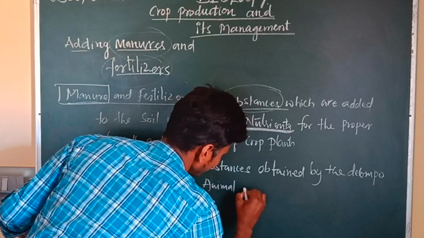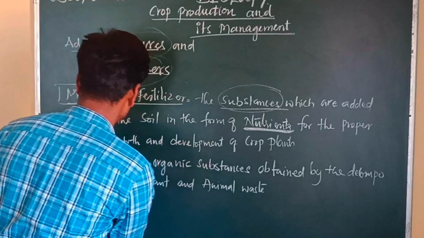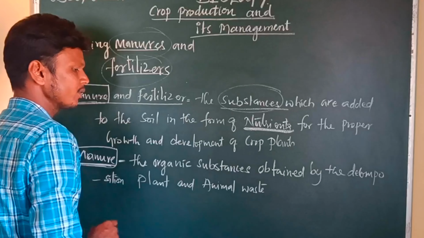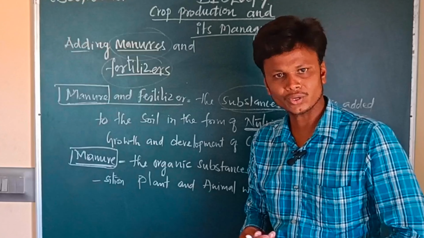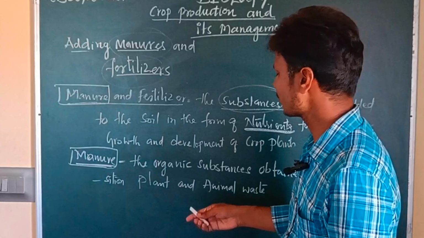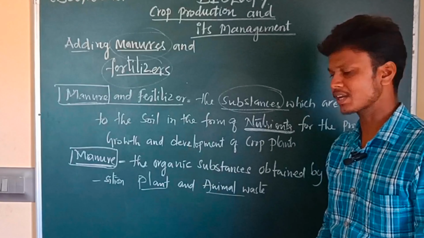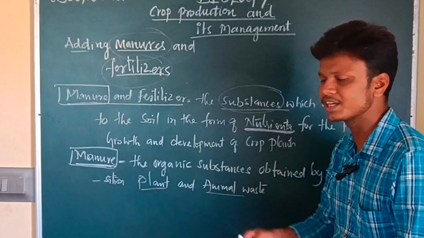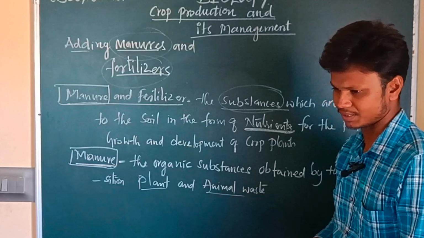So manure is an organic substance. How do you obtain manure? By the decomposition of plant as well as animal waste.